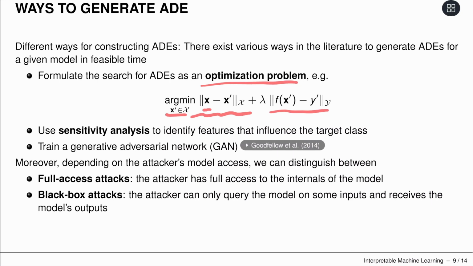We can use sensitivity analysis on the differential that influences the target class, which makes it simpler to find x prime. And one way of doing that in the deep learning space, which is why I was saying earlier that there's some work already from 2014, is generative adversarial networks, GANs.